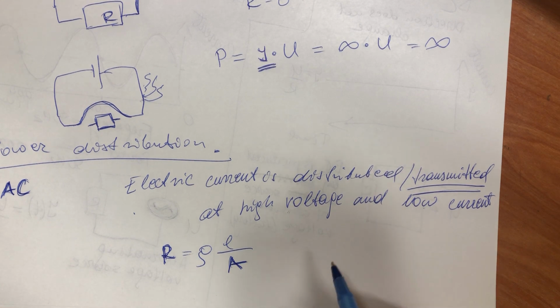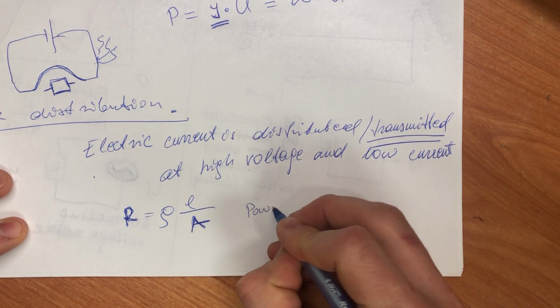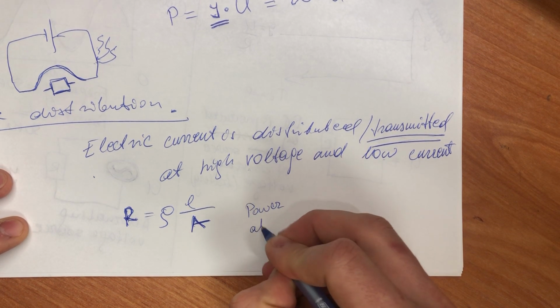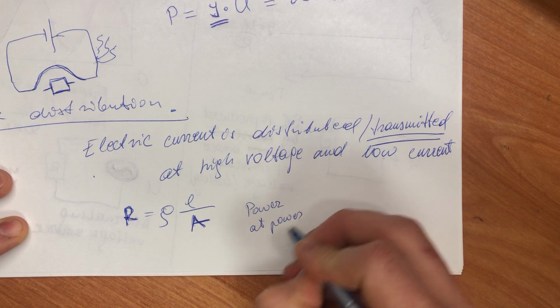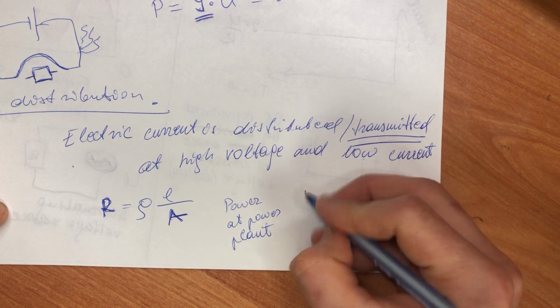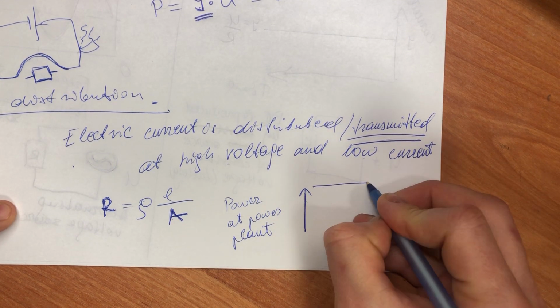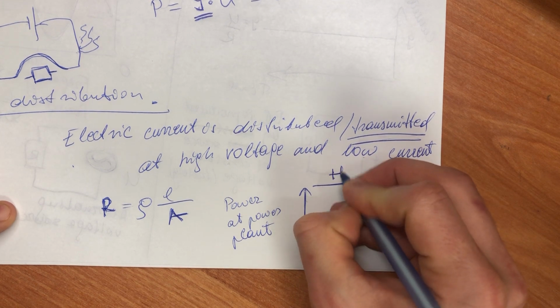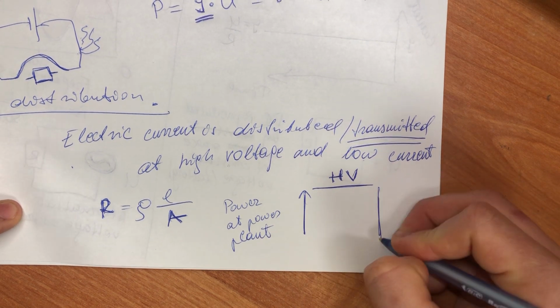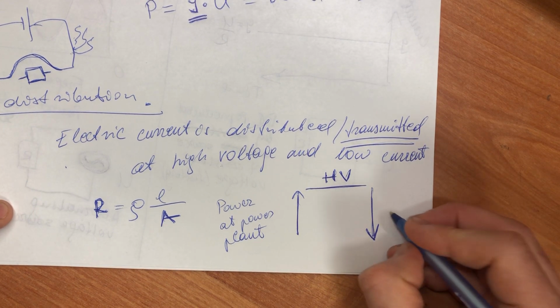So when power is generated at the power plant, then the voltage is increased, and we have a transmission line with high voltage, and then voltage is decreased, and low voltage is delivered to houses.